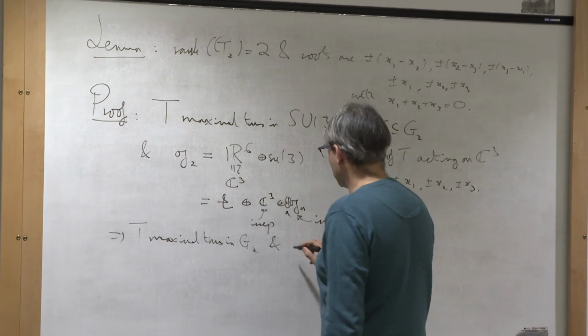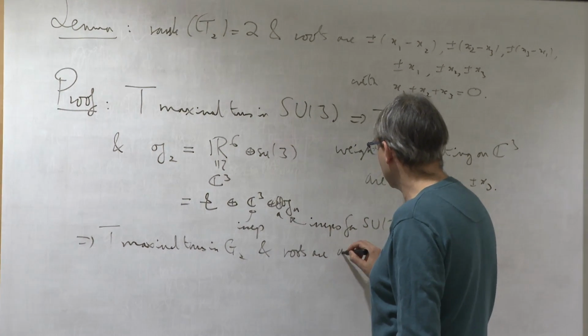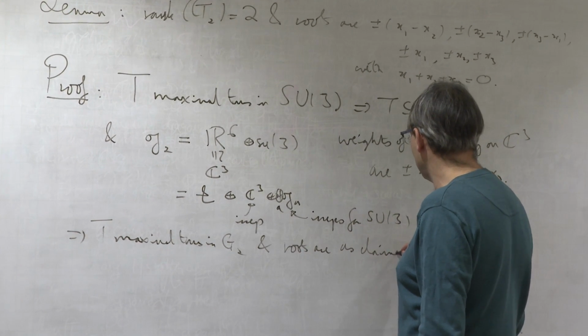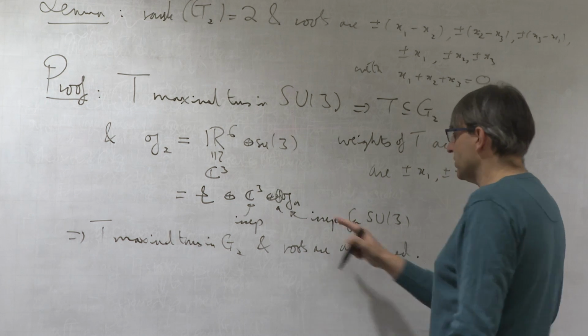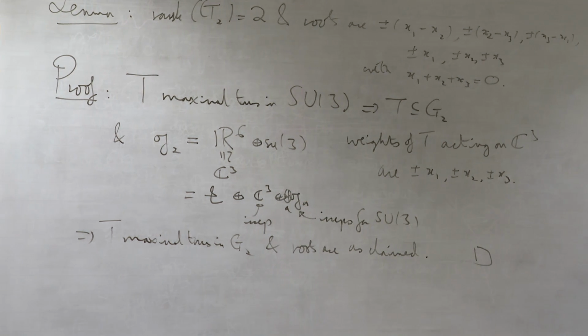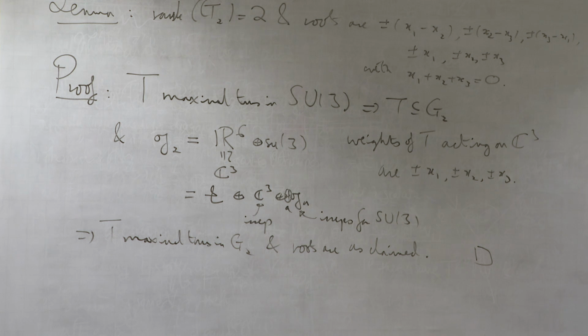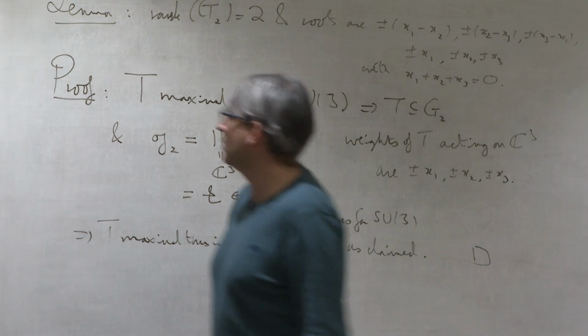And the roots are as claimed, because it's the ones on SU3 plus the ones on this C3, and no more. Is that all right? It's just the same ones that we had. Is it okay? Yeah, good.